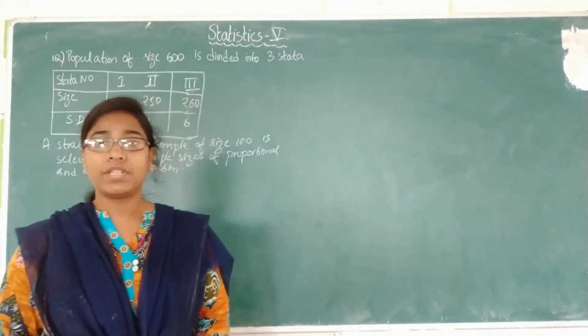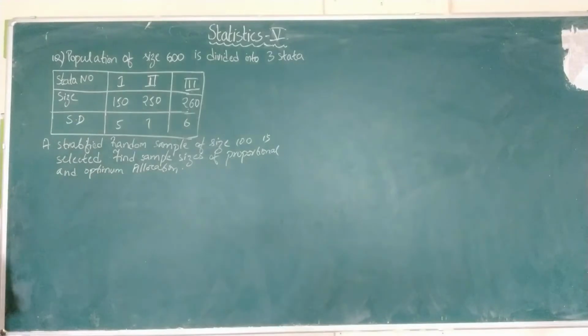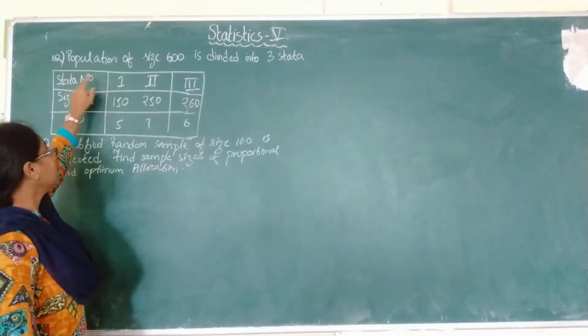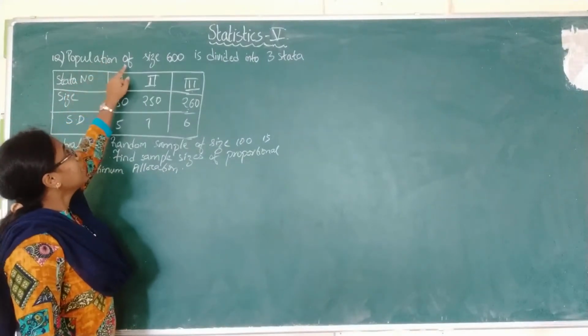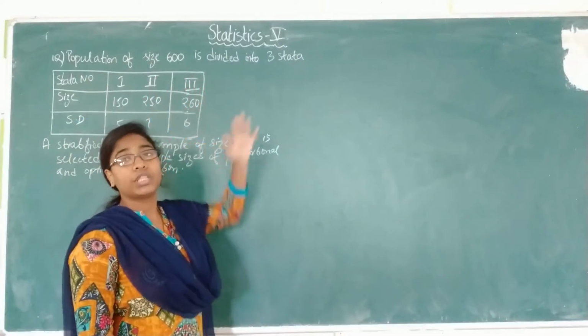So today we will see a problem related to stratified random sampling. Coming to the question: a population of size 600 is divided into three strata.